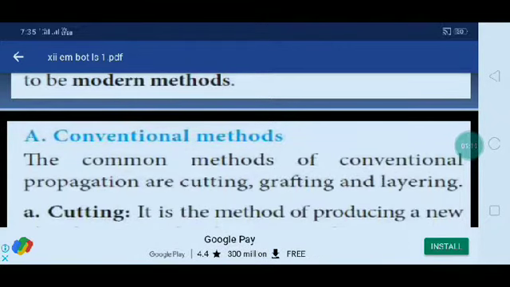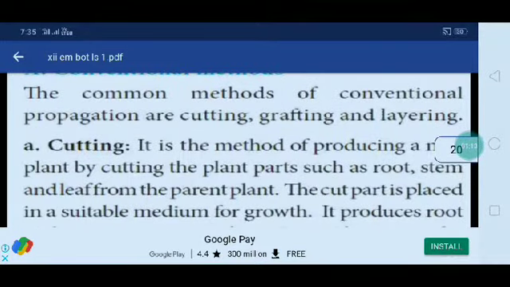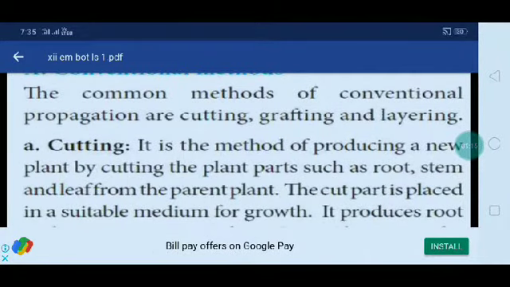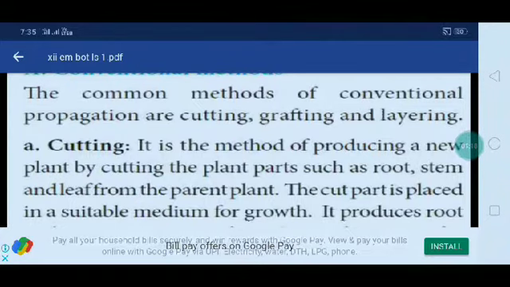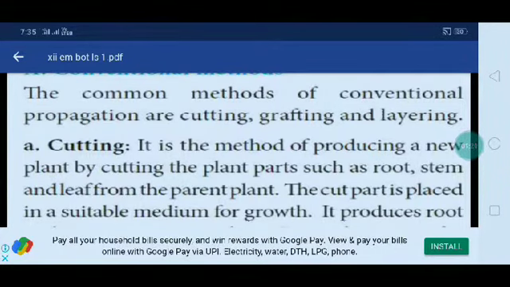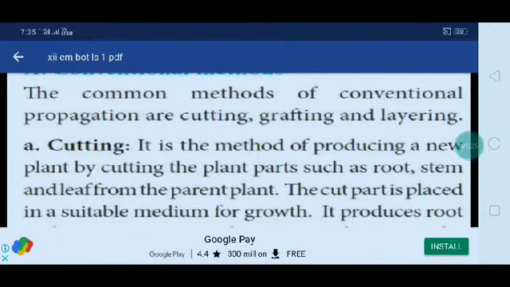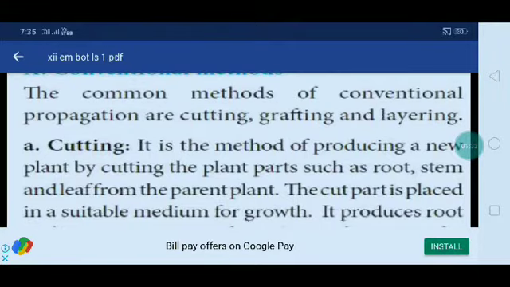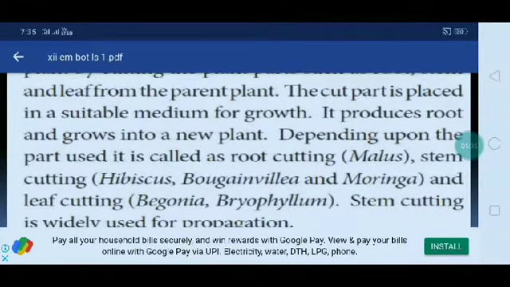So you have to see what do you mean by the cutting. Cutting is the method of producing a new plant by cutting the plant parts such as root, stem and leaf from the parent plant. The cut part is placed in a suitable medium for their growth. It produces root and also grows into a new plant.